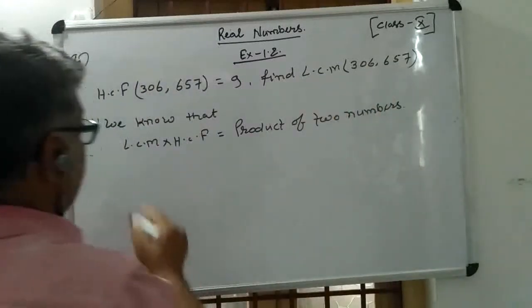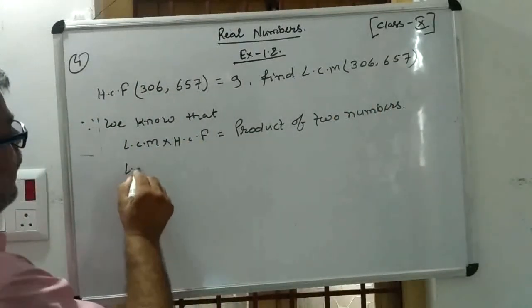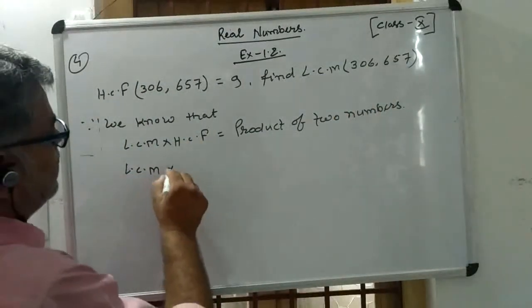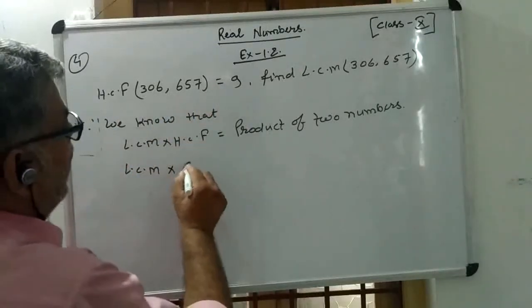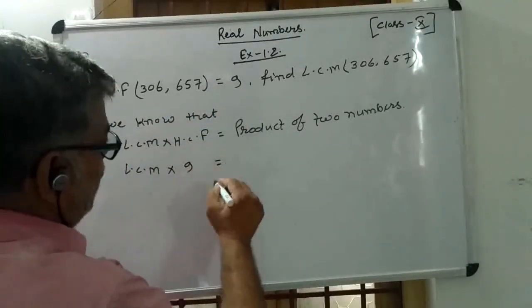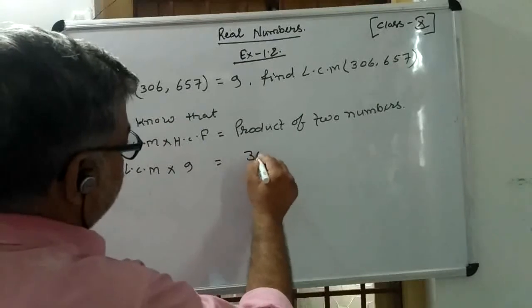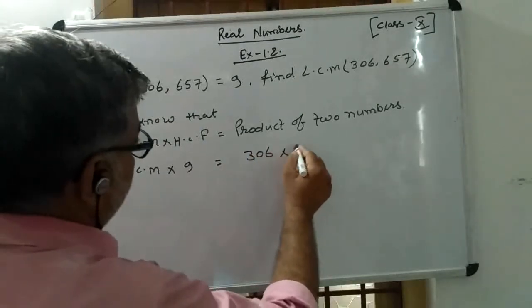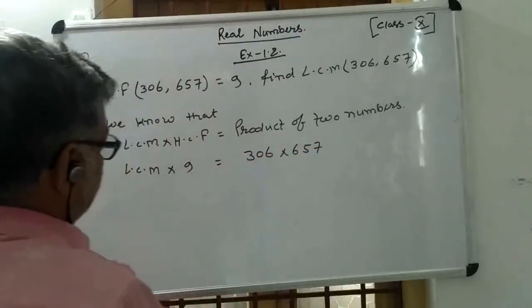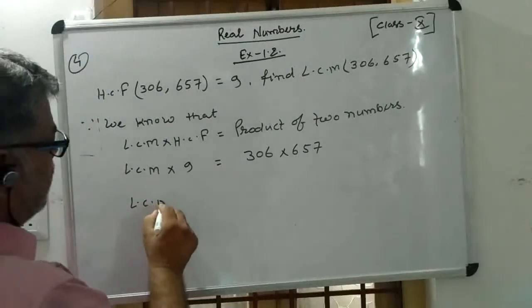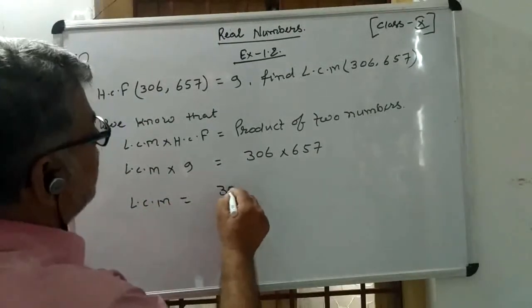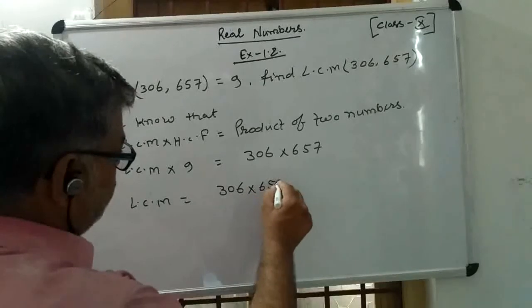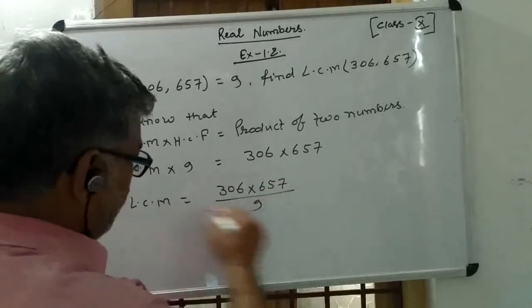So children, here LCM is to be found, so write down LCM as it is, and HCF is given 9, so put HCF equals 9, and the two numbers are given, 306 into 657. So your required LCM will be 306 into 657 by 9.